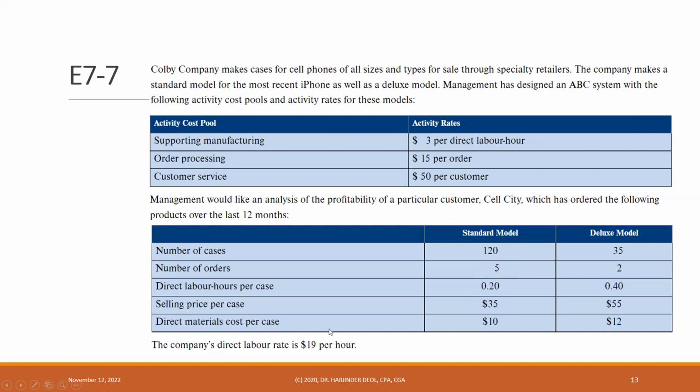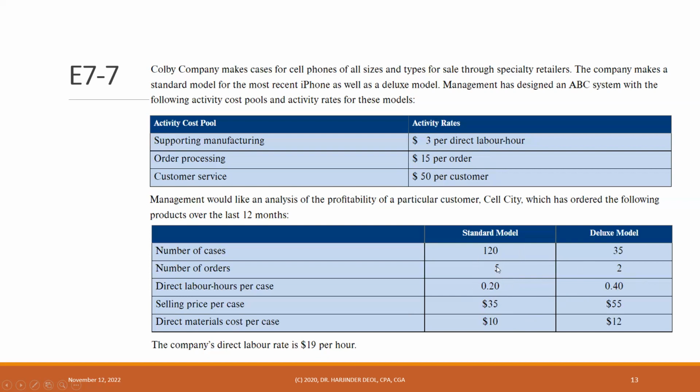And then for the overhead costs, supporting manufacturing is based on direct labor hours, and it's $3 for each direct labor hour. We can multiply the direct labor hours calculated for each of the 2 products by $3 to get that cost. For order processing, it's based on the number of orders.